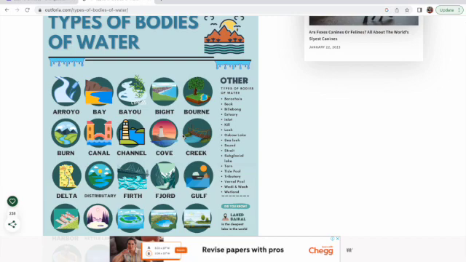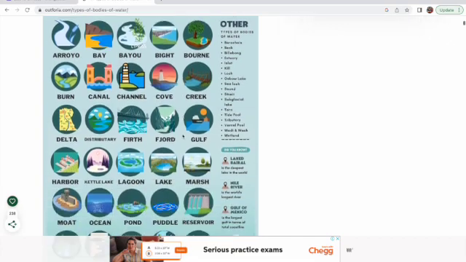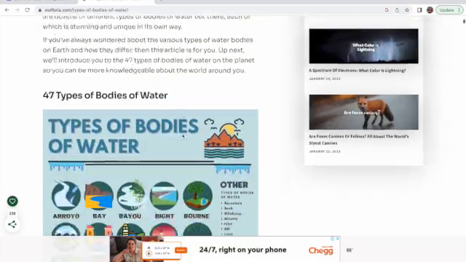Distributary refers to a river which is divided into various streams, like having one river system that is split into several distributaries until they get their outpour to the ocean. We also have firth, fjord, gulf, harbor, kettle, lagoon, and many more.